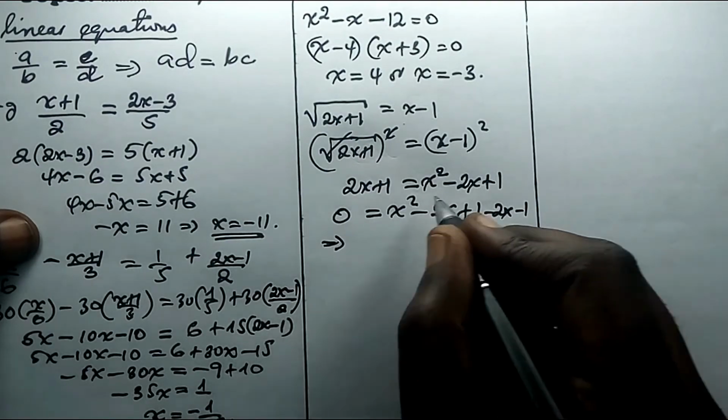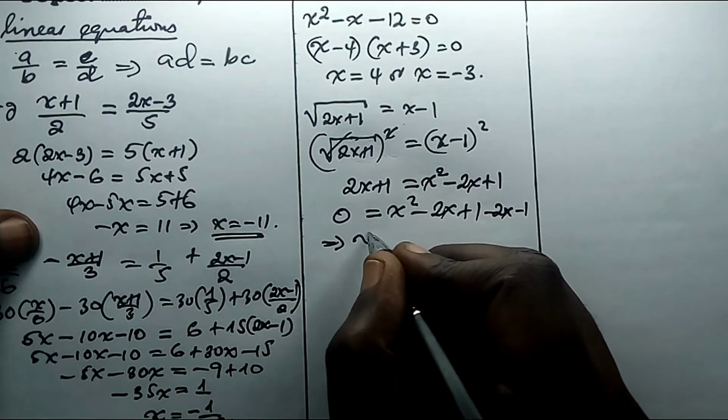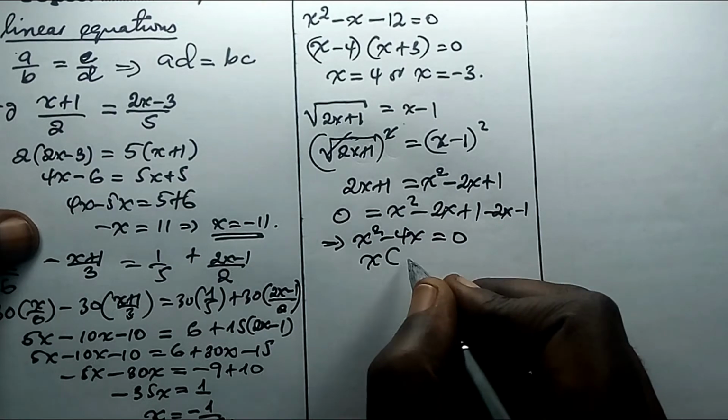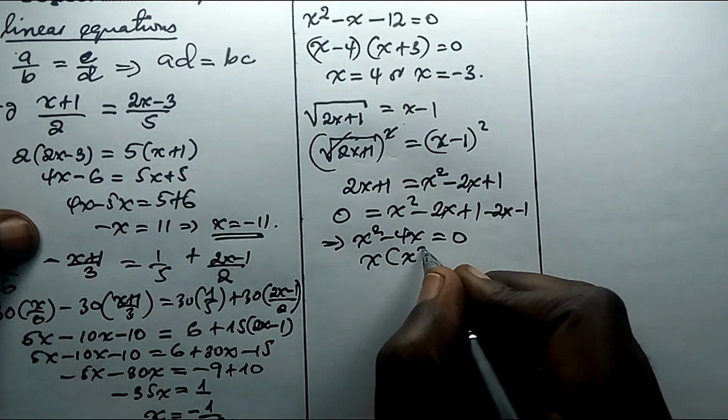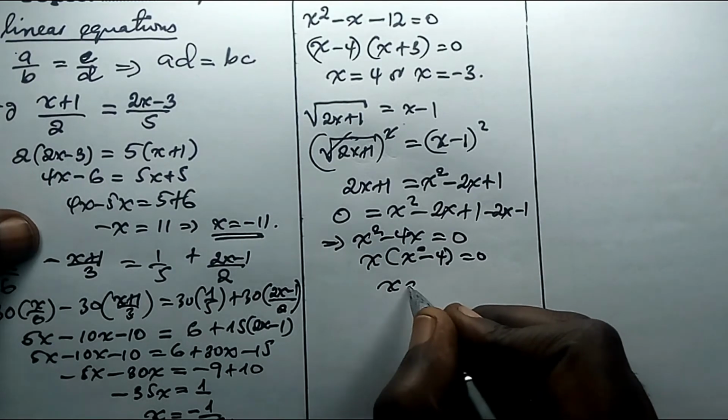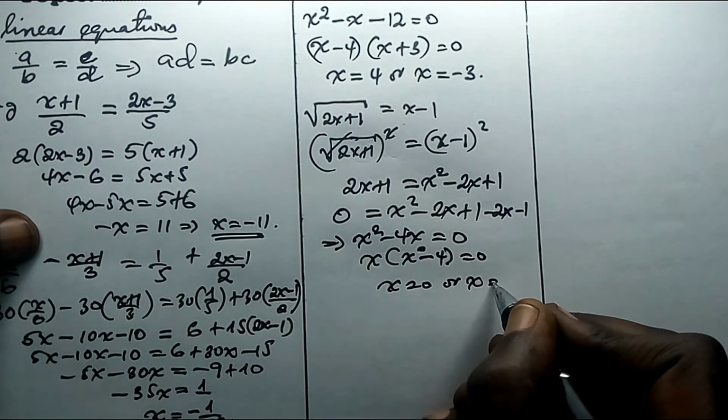So that I will get on the right x squared minus 4x equals 0. X into x minus 4 equals 0, x equals 0, or x equals 4.